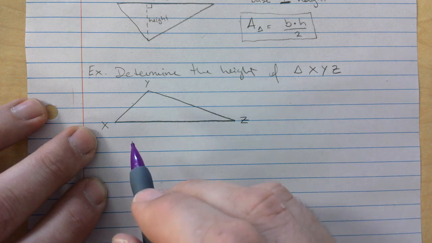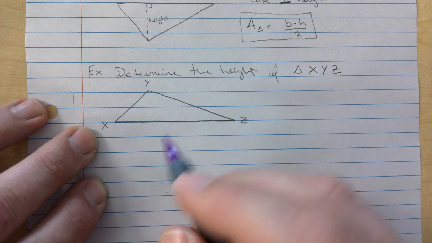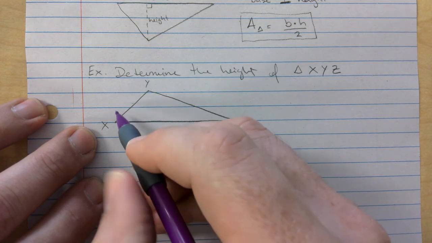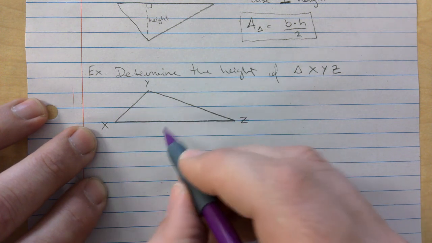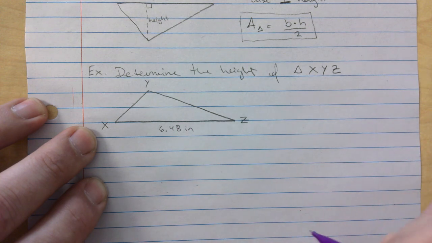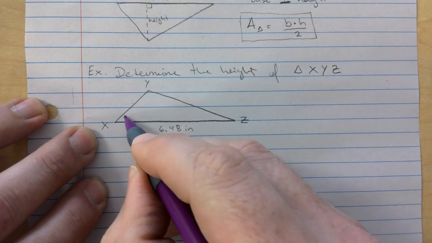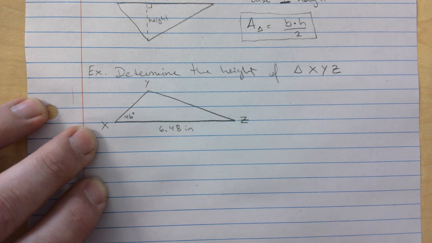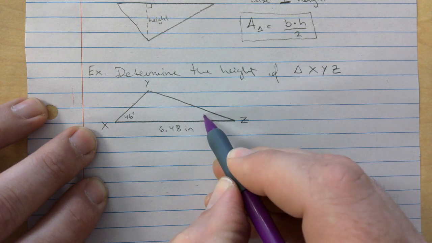So we'll say that this side down here is 6.48 inches. This angle right here in this corner, angle X, is 46. And this one on this side is 29.